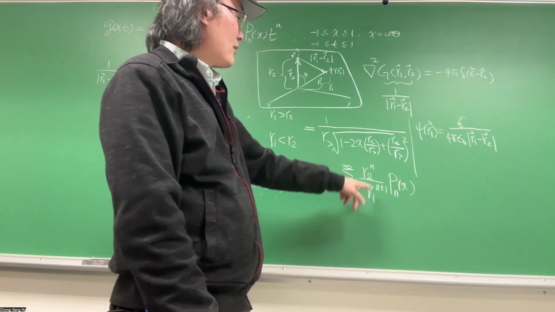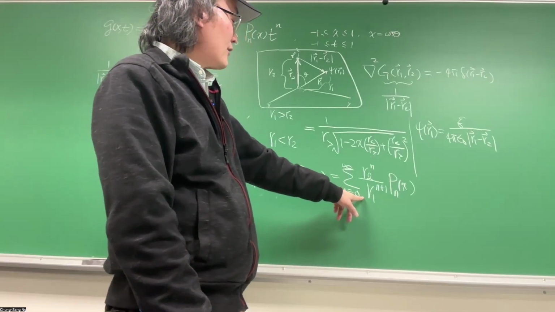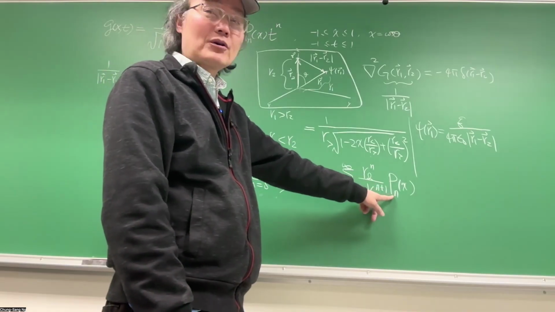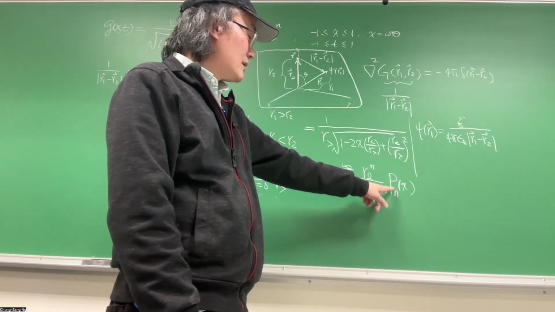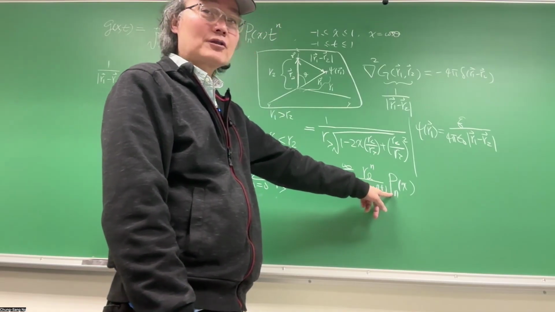The potential depends on 1 over R squared, and that is called the dipole term. And the functional form is not just 1 over R squared. You need to multiply by the Legendre polynomial P sub 1, because n is 1, so P sub 1 is just x, which is cosine theta.